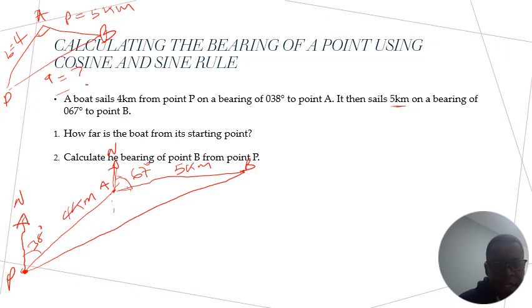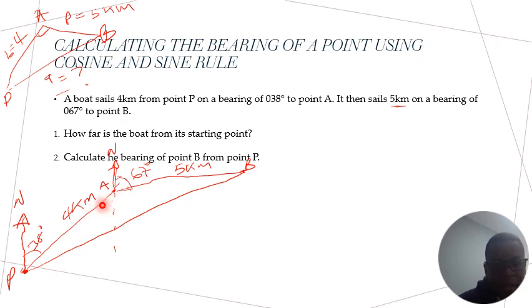If you look at this setup here and drop that line, you will find that this line and this line are parallel. These lines being parallel, this angle and that angle are alternate angles, so they are equal, which means that is 38 degrees.